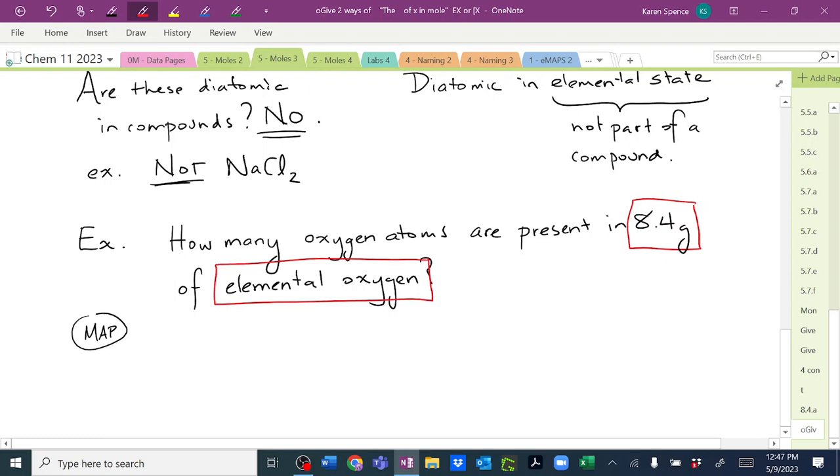So even if it just said oxygen, unless it says oxygen atoms, you can assume that we mean O2, okay? So we are starting with 8.4 grams of O2.